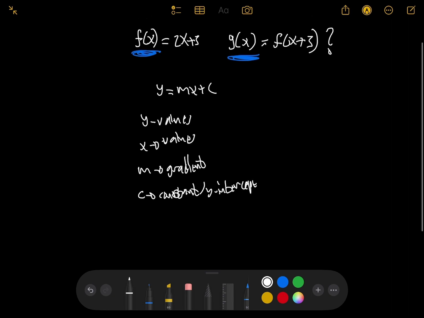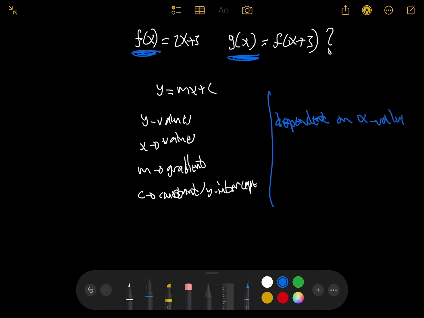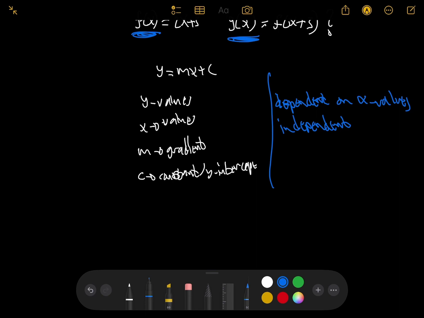From that we knew that y was dependent on x values, and x was independent.